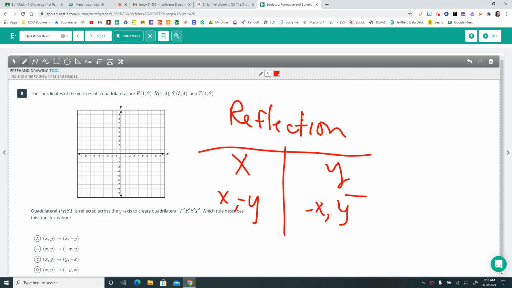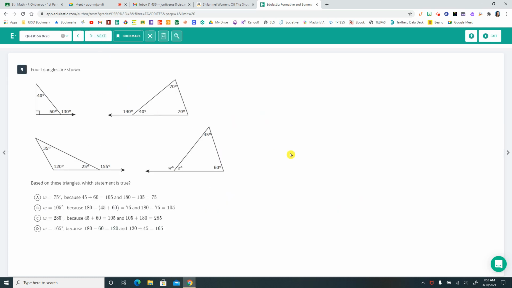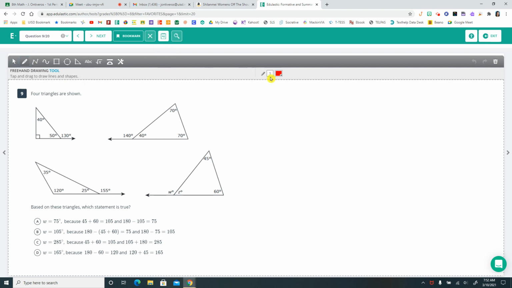Okay? So you just have to remember that. And this one, don't forget that you are looking for w. So all you got to do is kind of add the opposites to give you the outside. Okay?